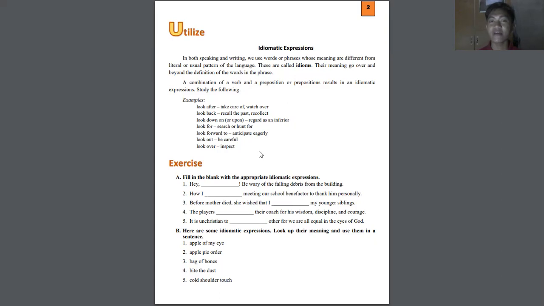In my learning material, I have laid out the topic, then the discussion, then the exercise related to the topic.